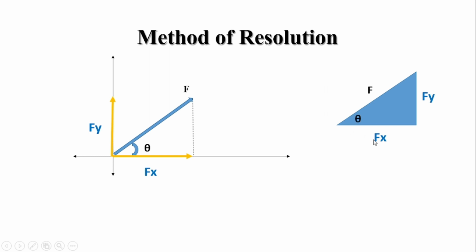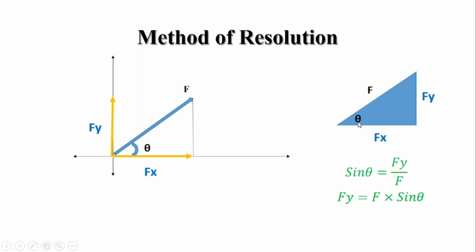Now we'll try to find out Fx and Fy. For that we will use the sine relation and the cos relation. Sine theta is equal to opposite side upon hypotenuse. So I'll write the equation: sine theta is equal to opposite side Fy divided by hypotenuse F. So Fy can be calculated by multiplying F with sine theta. So Fy is equal to F sine theta.